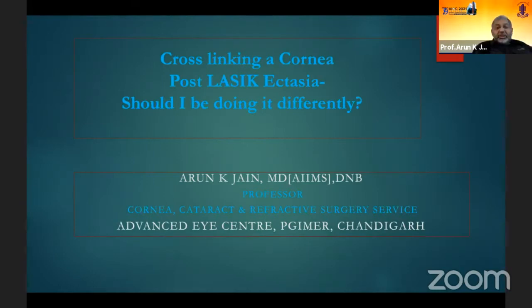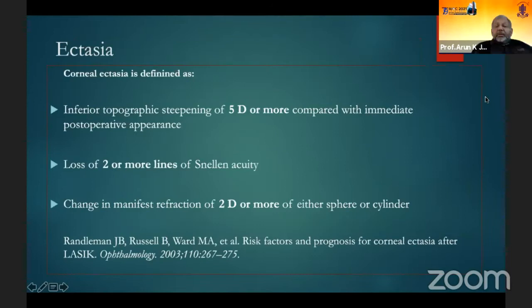cross-linking is a little less in post-LASIK eyes. The reason for that, I'll come to that later on. But basically, there is no difference in the way we approach the eye with the post-LASIK ectasia, and this is the definition for what has been given for corneal ectasia after LASIK.